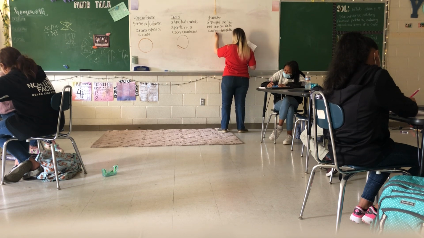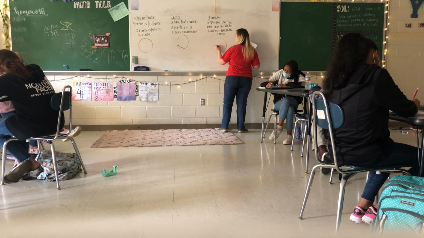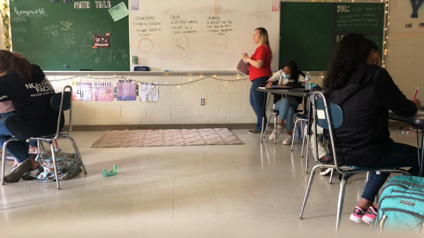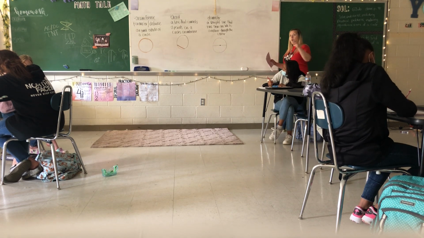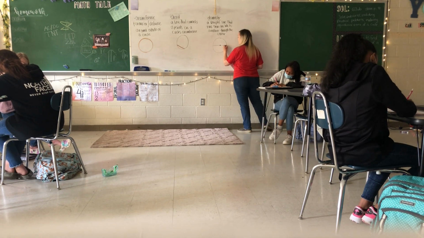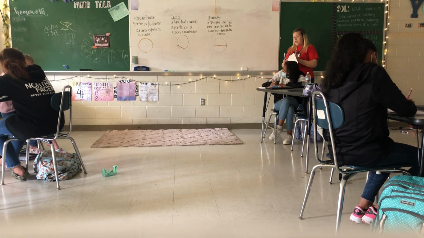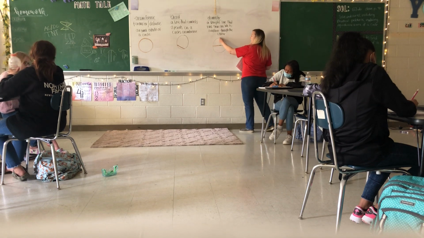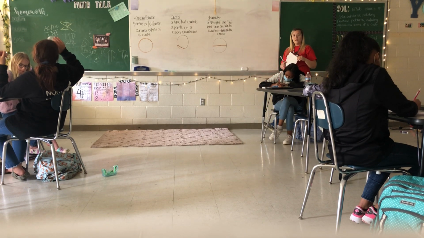A chord does not have to go through the center, but the diameter does. So if we had a circle, the diameter would go through that middle point, kind of like a Pokeball. So the diameter has to go through that whole middle point. It goes from one side to the other. It has to touch both sides and go through the middle. So it could be going this way. It could be going this way, as long as it goes through the middle.